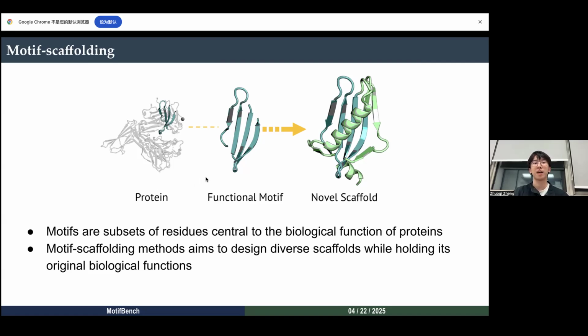After we identify the motif, through literature research, experimental means, or computational prediction algorithms, we use methods to design a scaffold around this motif, which we call motif scaffolding. The aim of motif scaffolding is to design diverse scaffolds while maintaining the original biological functions.